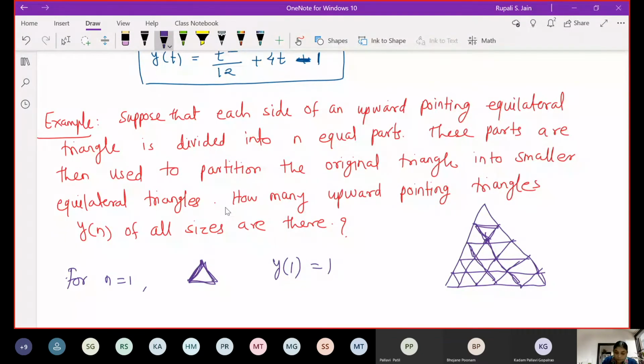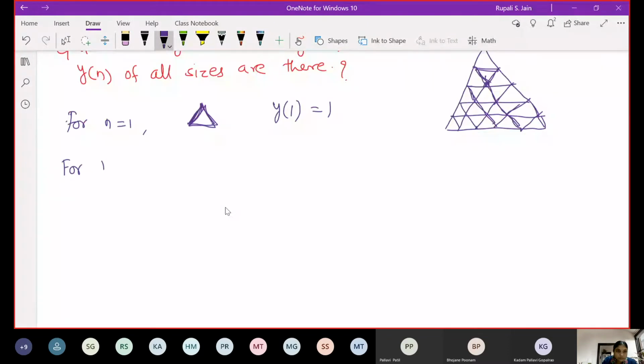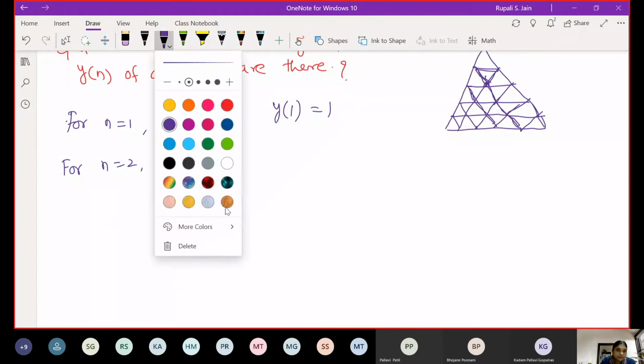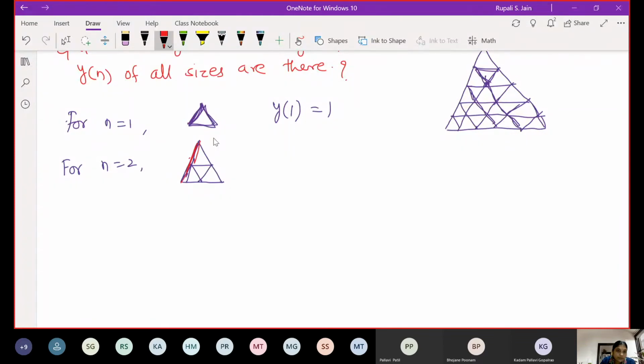So for n equal to 2, each side will be divided into n equal parts, meaning 2 equal parts. Now you can see this side is divided into 2 equal sides. This side is also divided into 2 equal sides, and this side too, to get the partition, and we are getting equilateral triangles.